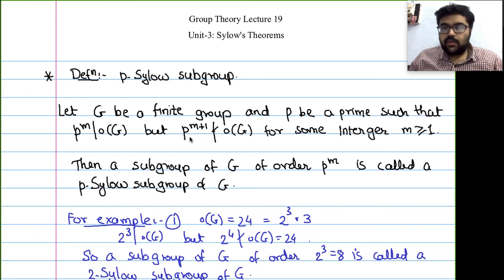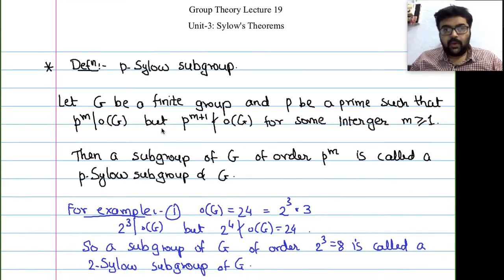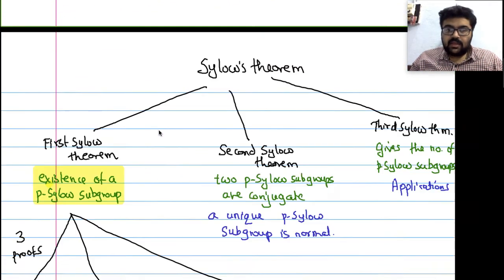So G is a finite group and p is a prime such that p^m divides order of G, but p^{m+1} does not divide order of G. Then a subgroup of G of order p^m is called a p-Sylow subgroup. What is the guarantee that a subgroup of the highest prime power order exists? That is given by Sylow's theorem.